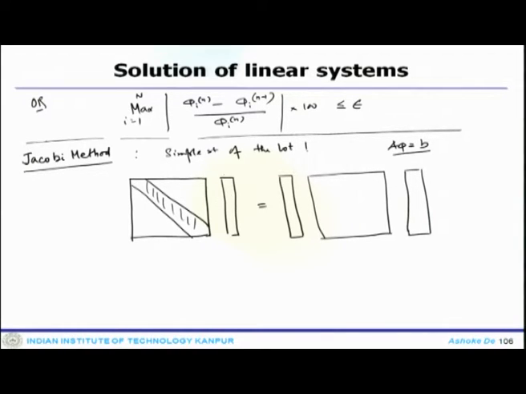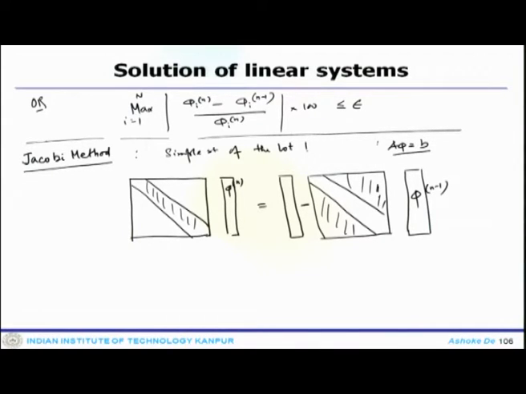This is your phi n, then this minus this is phi n minus 1. So that is what the graphical representation shows, of how you get these things.